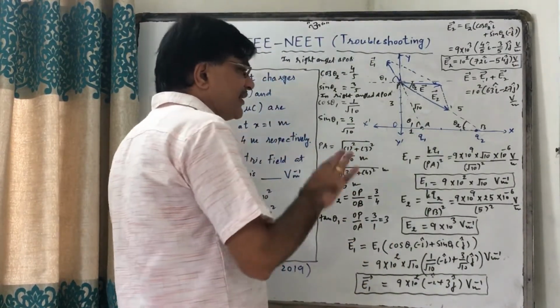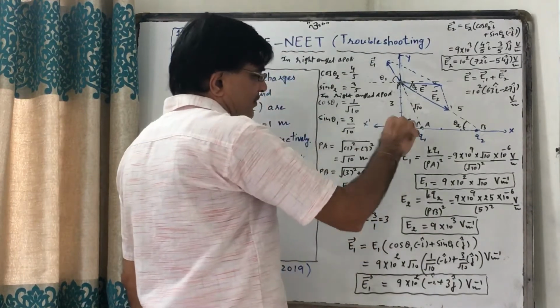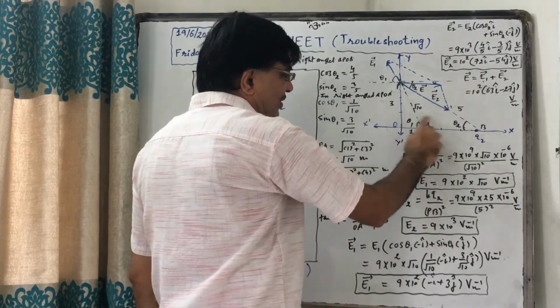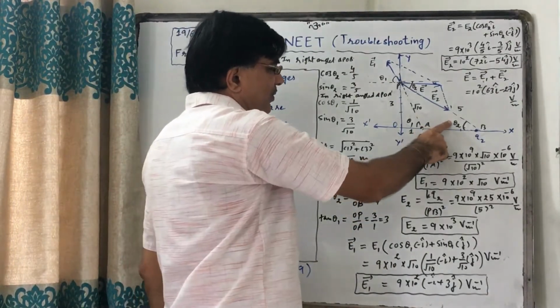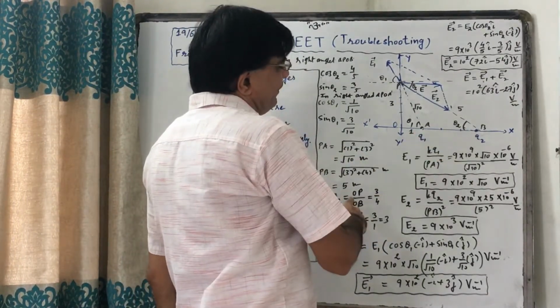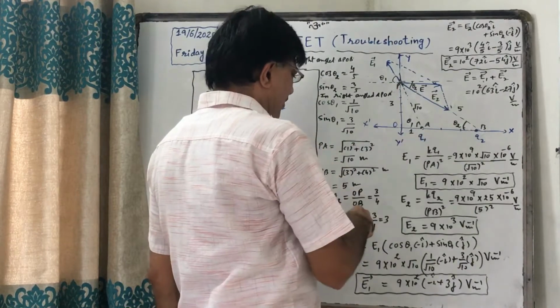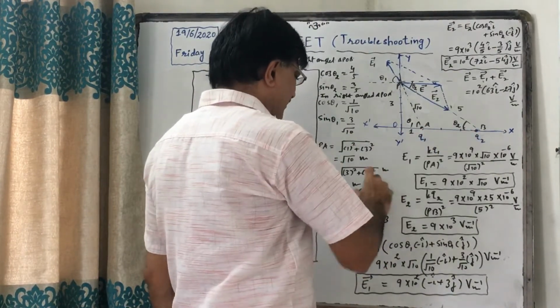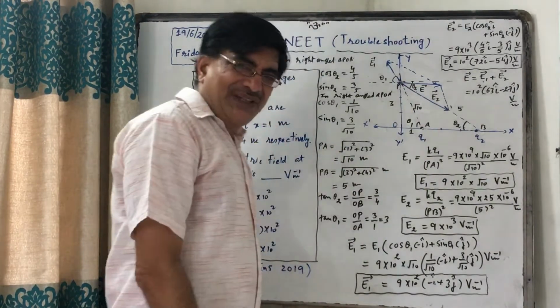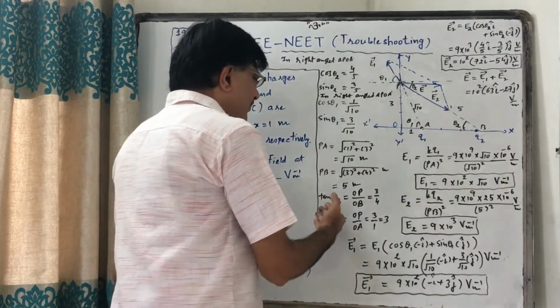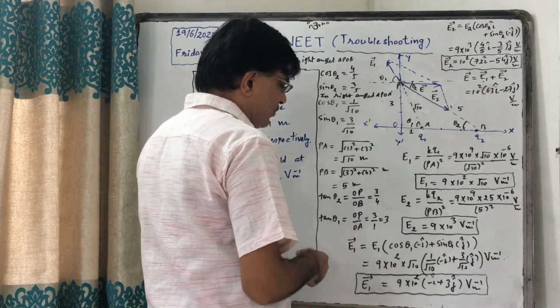Now let us give names to this angle and this angle. This is theta 1, this is theta 2. So tan theta 2 will be equal to OP upon OB, that is 3 by 4, and tan theta 1 equals 3 by 1. Also we can find cos theta 2 and sin theta 2 from this.